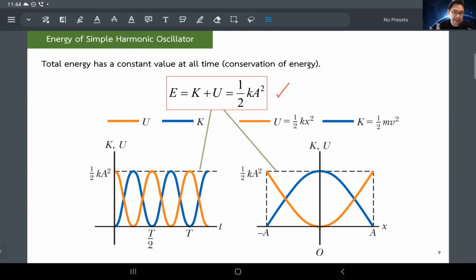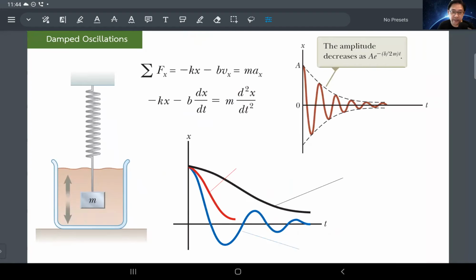But I would like to attach the last slide of the day so you get some connections to the realistic application. But we don't do any calculation on that. So let's look at the last page about the oscillations. We named this damped oscillations. The reason this one is damped is because we would like to mimic the situation where you have friction in the movement, where you have some resistance.